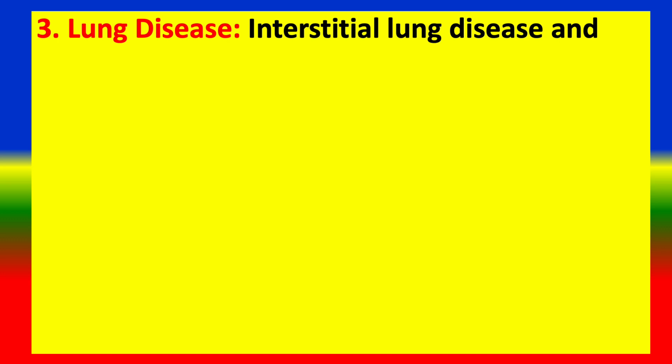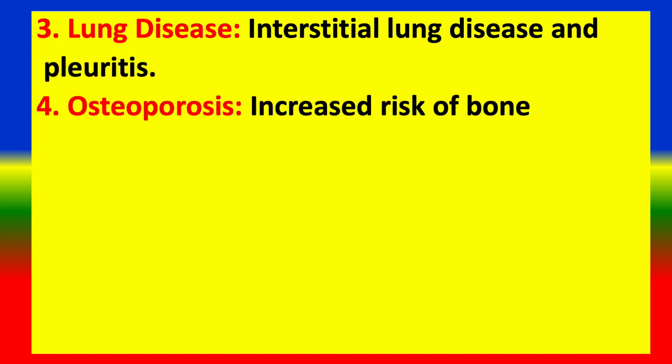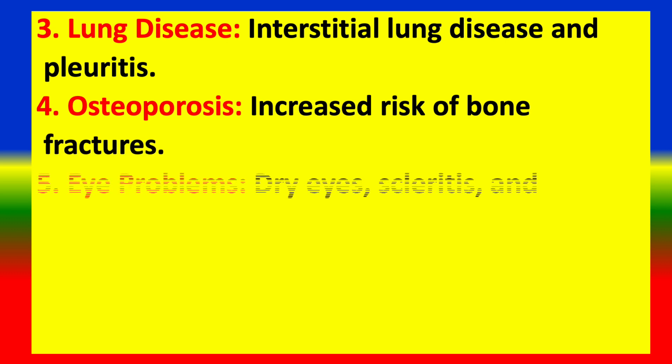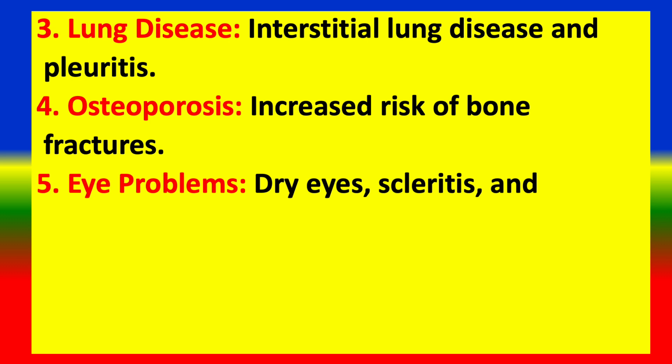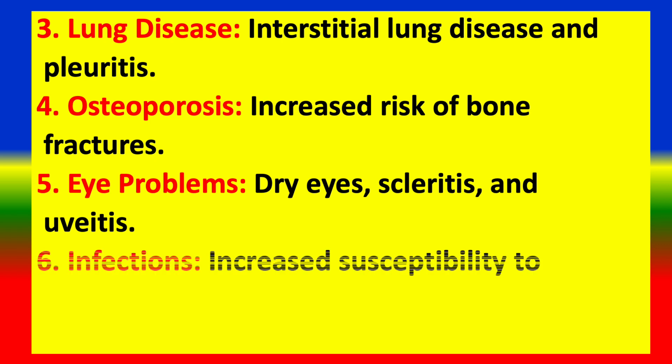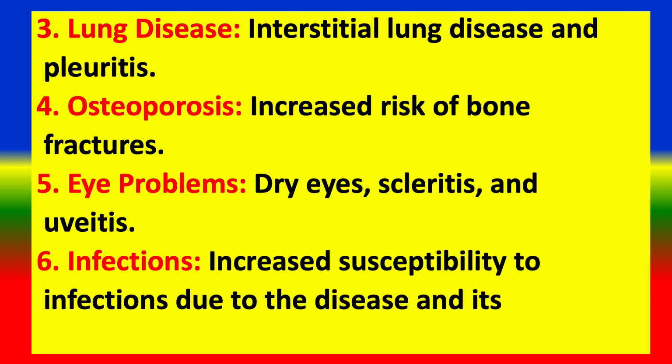Lung disease, interstitial lung disease and pleuritis. 4. Osteoporosis, increased risk of bone fractures. 5. Eye problems, dry eyes, scleritis. 6. Infections, increased susceptibility to infections due to the disease and its treatments.